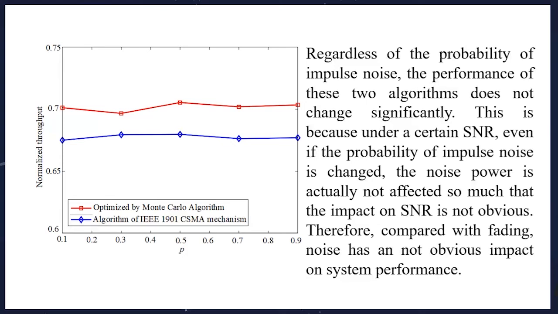It can be seen that the performance of the contention window value found by the Monte Carlo algorithm is obviously better than the performance corresponding to the contention window of 8, 16, 13 to 16.4 in the IEEE 1901 protocol standard.